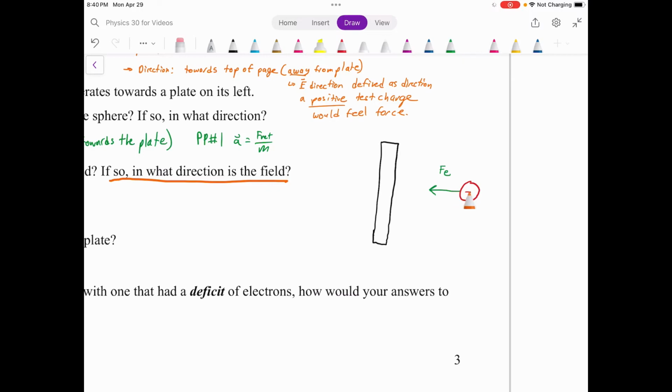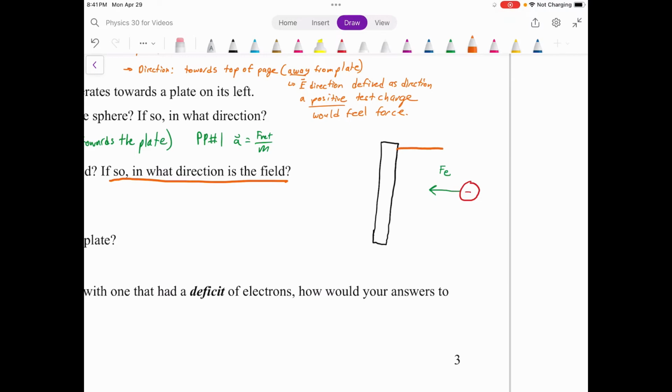No, it's a negative charge. So if a negative charge is feeling a force to the left towards the plate, which direction would a positive charge feel a force if it were placed at the same spot? Well, it would feel a force to the right. Obviously, if this plate is attractive to this negative charge, it's going to be repulsive to a positive charge.